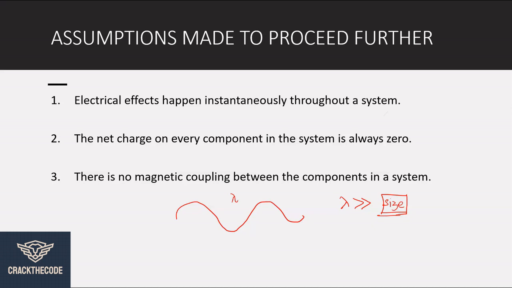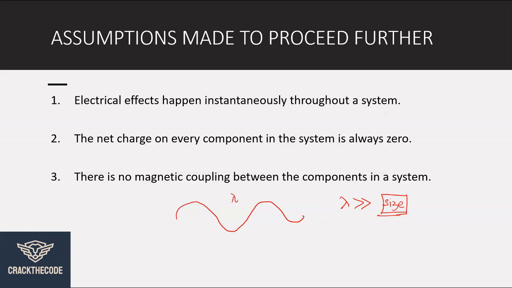Now we need to make certain assumptions before we proceed further with circuit theory. First is electrical effects happen instantaneously throughout the system. Now, some of you might have learned that electrical energy can travel in the form of a wave, and it means that there exists some kind of unevenness in charge distribution or the energy carrying capacity of different parts of one single wire and things like that.